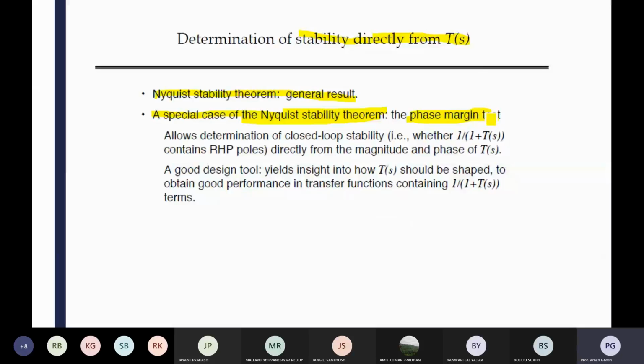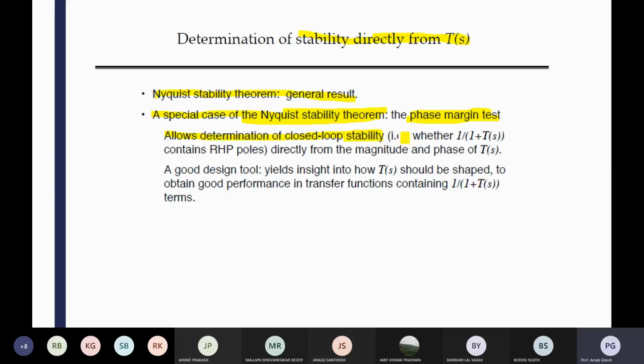That phase margin test allows the determination of the closed loop stability, that is, whether 1 by 1 plus T(s) contains RHP poles, directly from the magnitude and phase of T(s). These are good design tools. Good design tools means which mathematics you are going to follow.